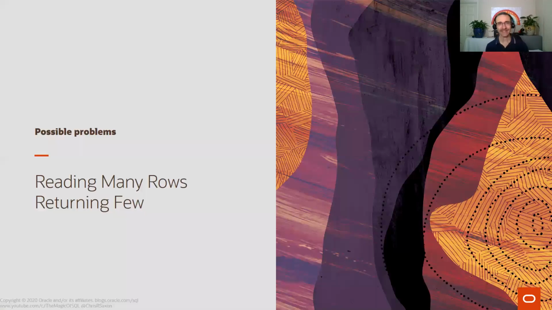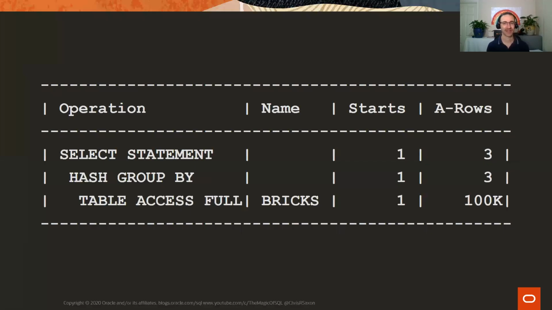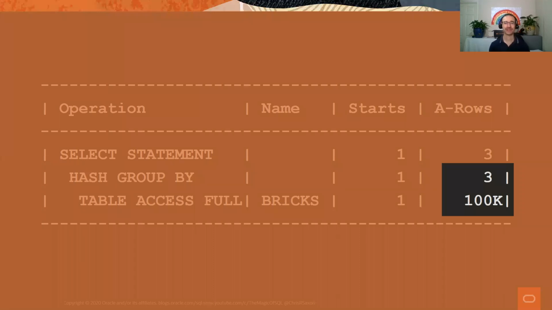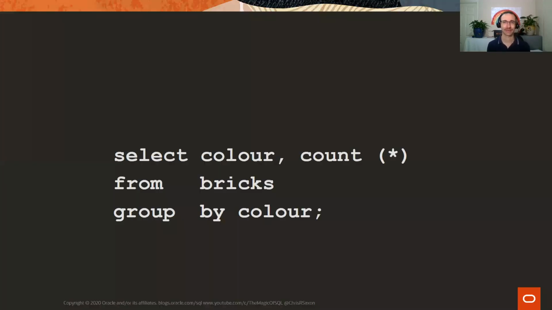All right, next possible problem: reading many rows and returning few. Here we've got a query, we're full scanning the bricks table and getting 100,000 rows from it. But in our results, we're just getting 3 rows in the output. Why? Well, we're doing a group by color and counting the rows.